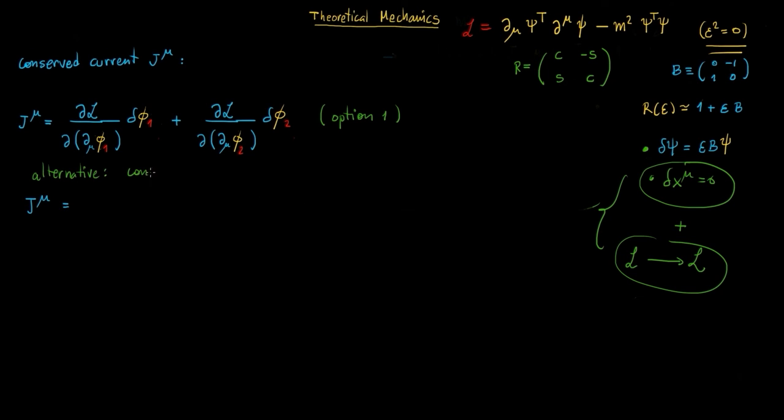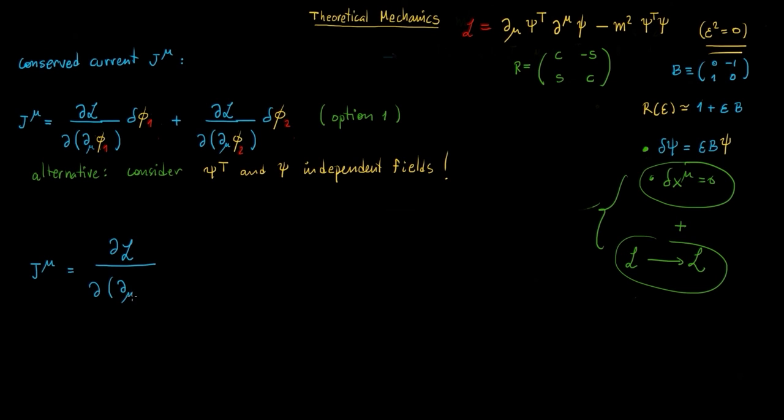It consists of considering as if the transposed field and the non-transposed field act as independent fields. This is just a mathematical trick because, of course, both the field and the transposed field are dependent on each other in a strict mathematical sense. But at the level of calculation, such things work, and sometimes it's easier to calculate it in that way.